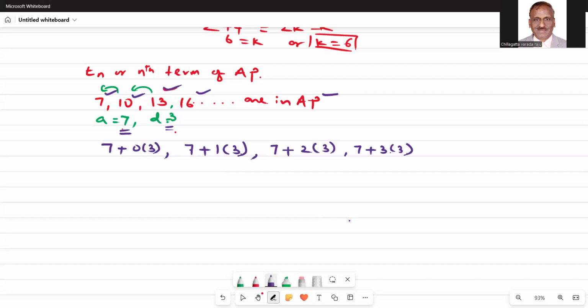So what is the general formula? We will derive the nth term of AP now. If you want to write the general term, what will I write here? A plus 0 into D. The second term, A plus 1 into D. Third term, A plus 2 into D. Next term, A plus 3 into D. Like that, it continues.